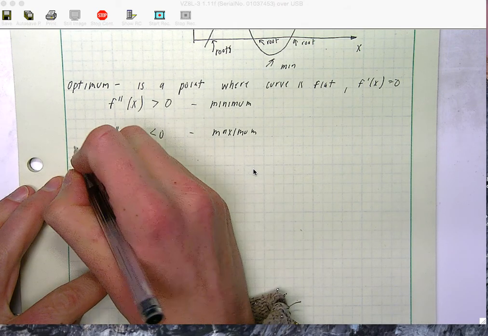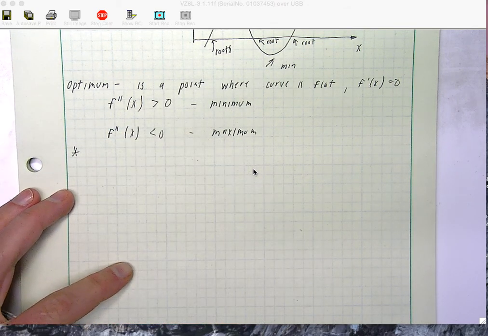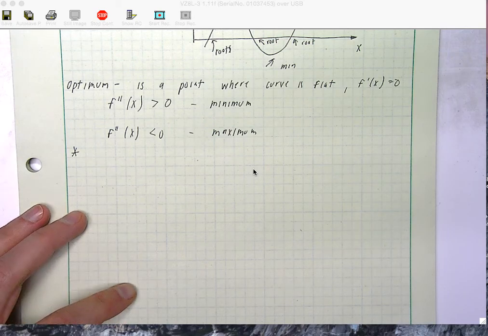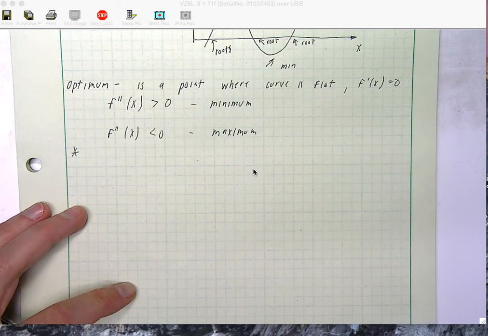And this is all familiar from just calculus, but these methods of optimization have been developed for finding optimums of functions where you aren't able to find the derivative of the data.